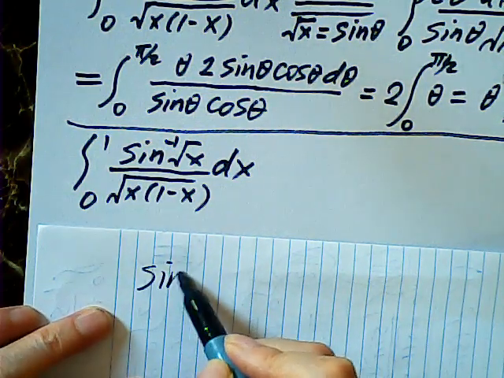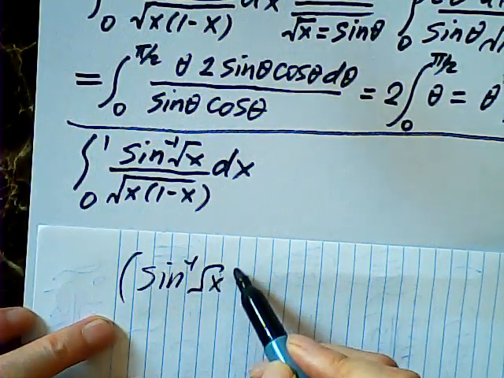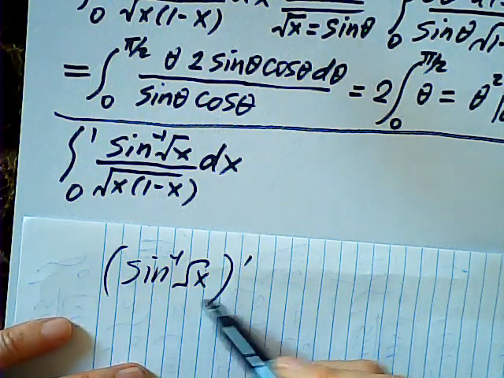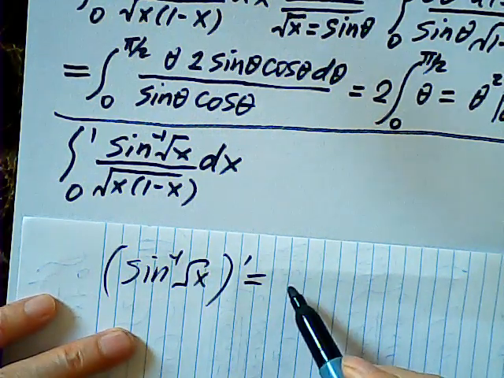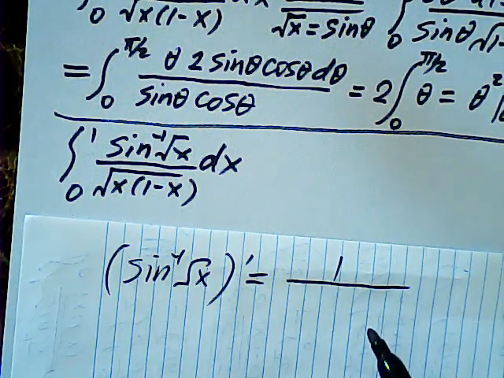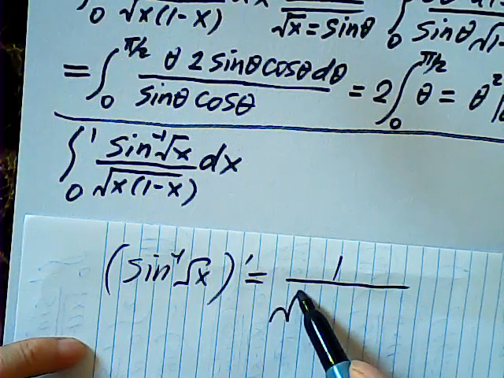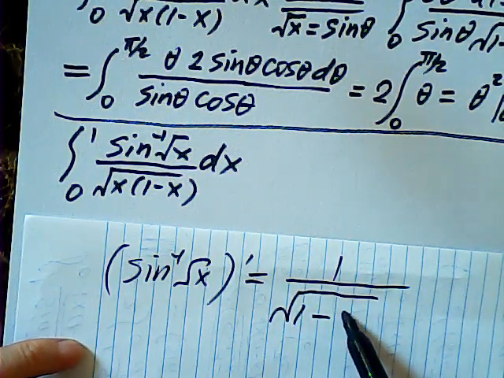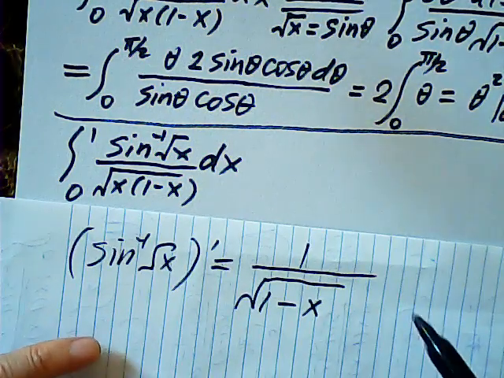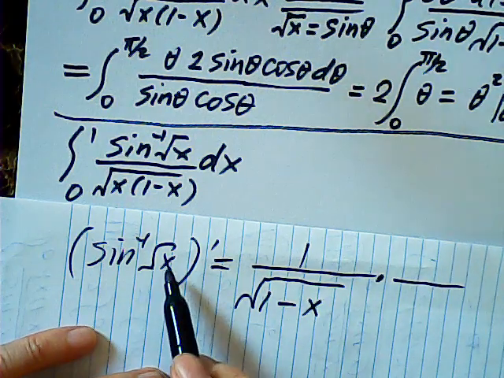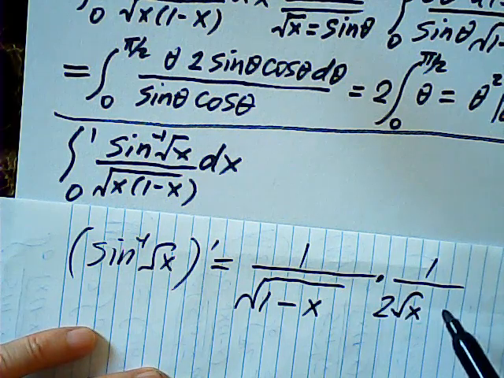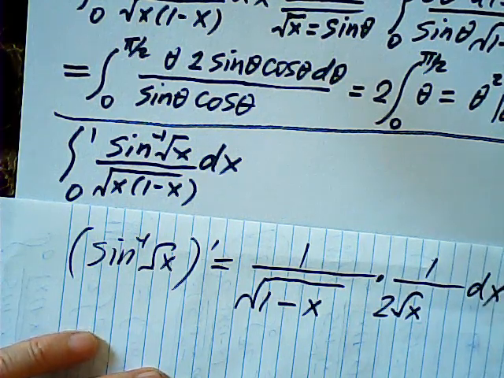The arcsine square root x derivative with respect to x is equal to 1 over square root of 1 minus x, right? That is the square of square root x, multiplied by the derivative of this function, which is 1 over 2 square root x, and then times dx, isn't it?